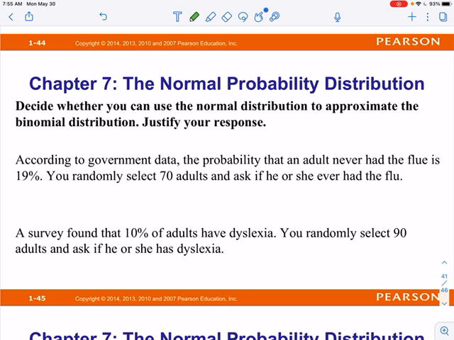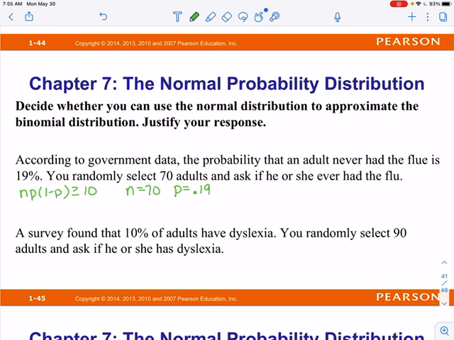Couple more here. Decide whether you can use the normal distribution to approximate the binomial distribution, and justify your answer. So if you want to know if you can use the normal distribution, you want to know if n times p times 1 minus p is greater than or equal to 10. Okay, so your n here is 70 and p is going to be 19%, which is 0.19.